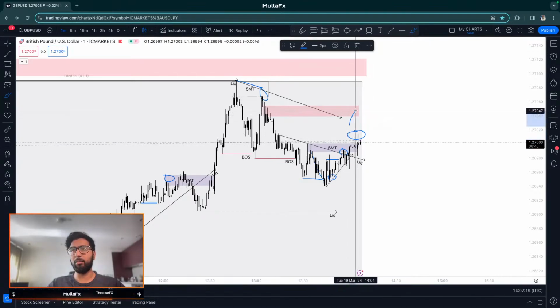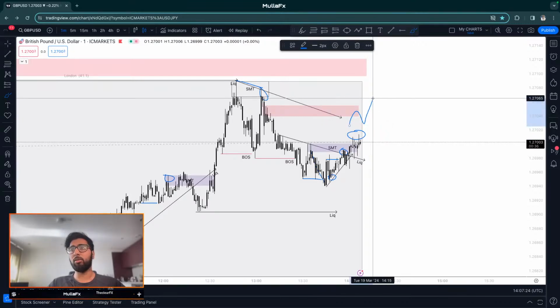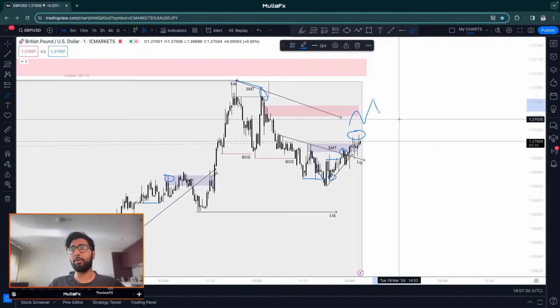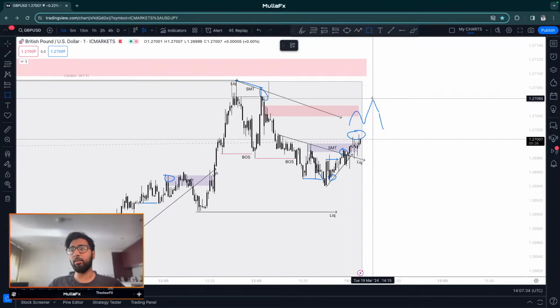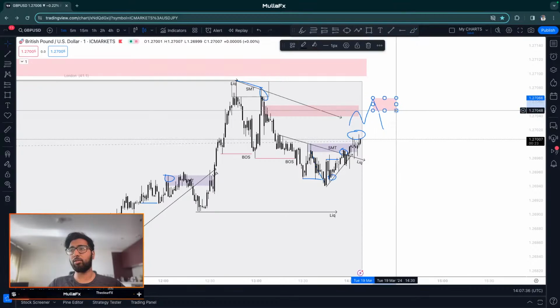I would like to see price come up, respect this level, come down, give me that inducement, stop out all the traders, come down, give me a break of structure, give me an area between this and this, let's say for example like here.